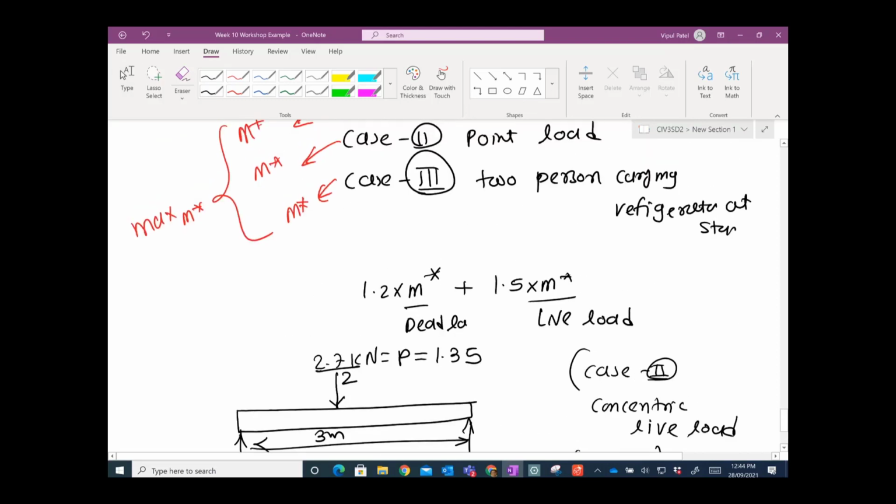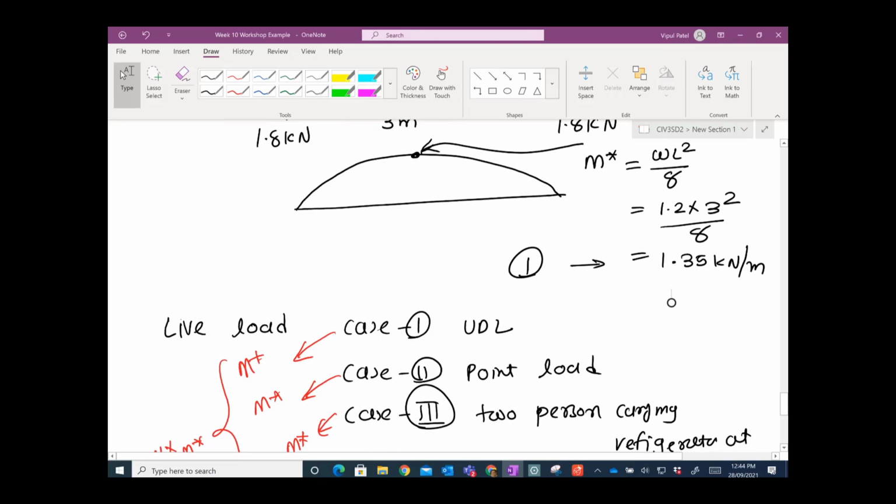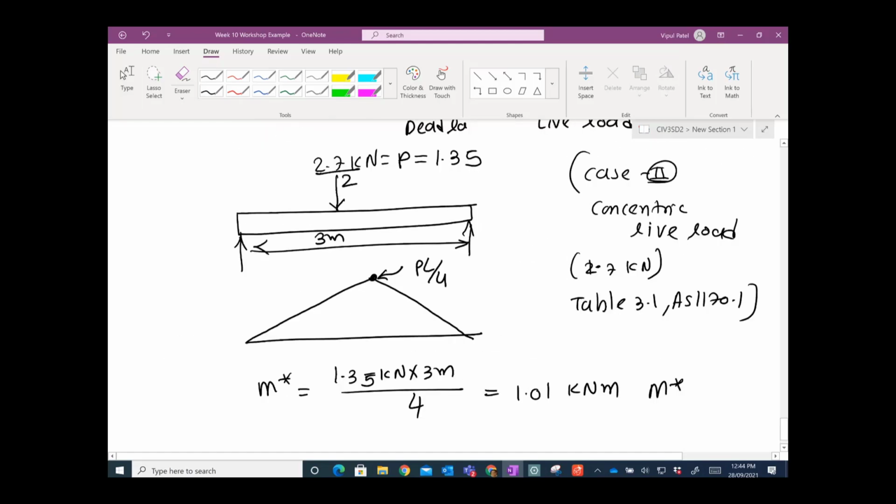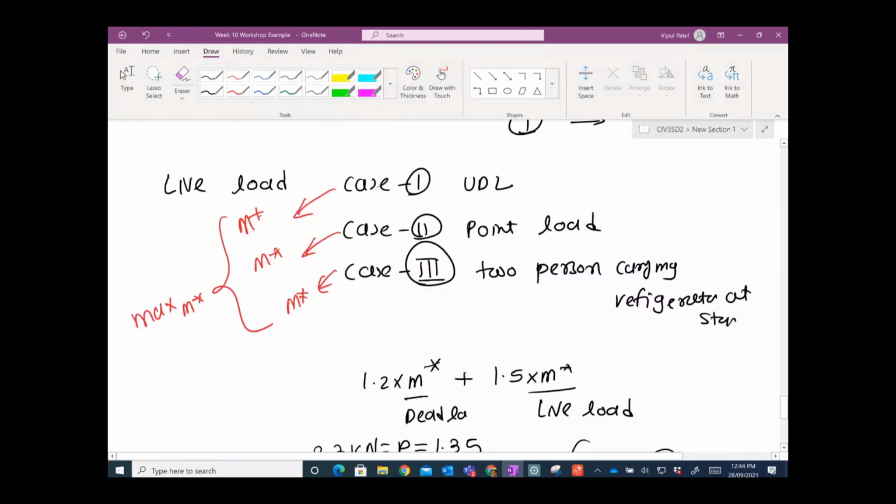What was the first M star? When you have a UDL live load, case number 1, you get 1.35 kilonewton meters. Yep, 1.35.